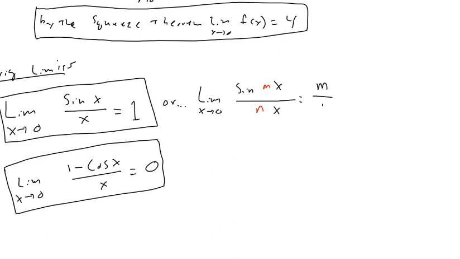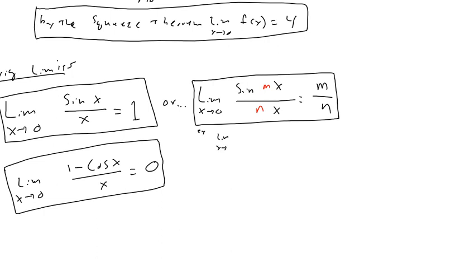Basically, the sine ones cancel out. Sine of x over x cancels out, and whatever numbers you have become your limit. For example, if you have the limit as x approaches 0 of the sine of 2x over 5x, you know this is going to be 2 over 5. Done.